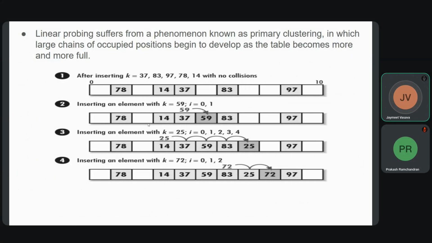After that, when we want to insert the element 59, for i equals 0 and 1, you can see how for different values to be inserted, more and more occupied spaces are being searched in order, and more time is consumed.